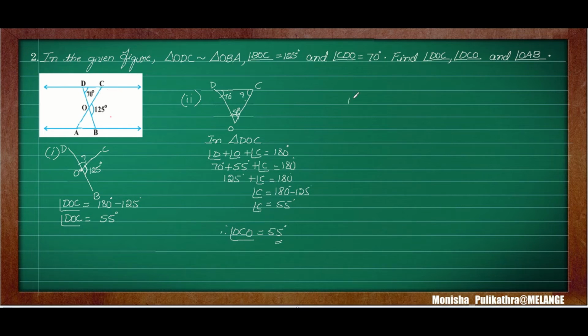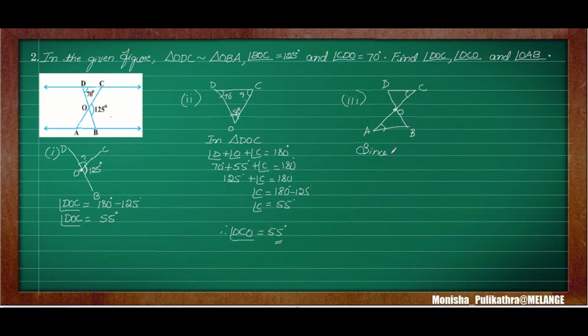Next, third one, we need to get OAB angle. Here OAB is there. So see here, this angle and this angle are both equal to each other. Alternate angle and also corresponding. So corresponding angles, we know that. So this is DCO and OAB. Fine.